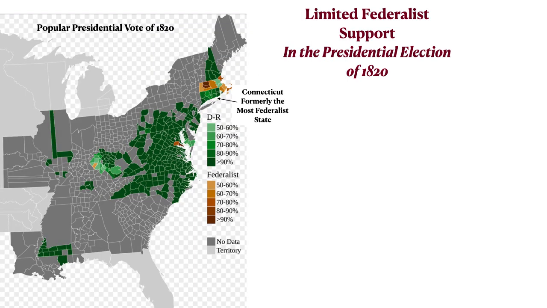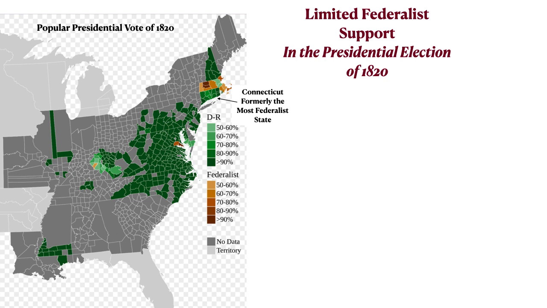The map of the popular presidential vote of 1820 is pretty limited, so a lot of states, most states, are still choosing their electors by the state legislatures rather than by the popular vote. And even where we do have popular vote, a lot of county returns did not survive. But one thing that's really interesting is just the disappearance of the Federalists from most areas.